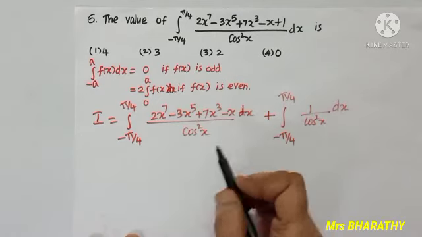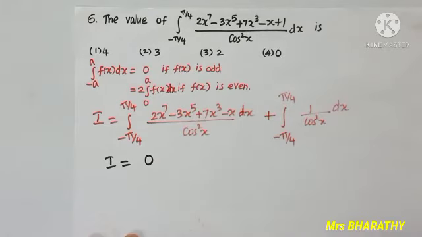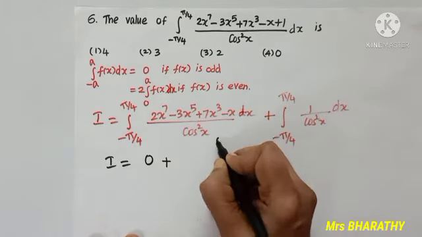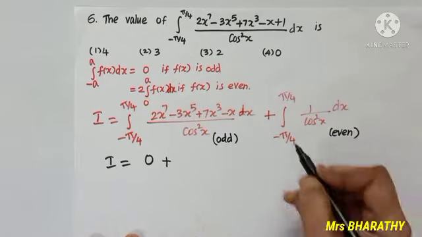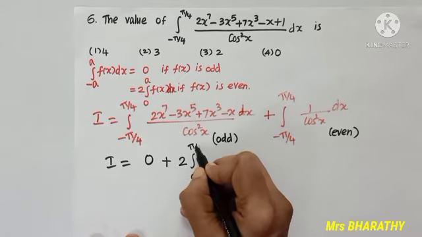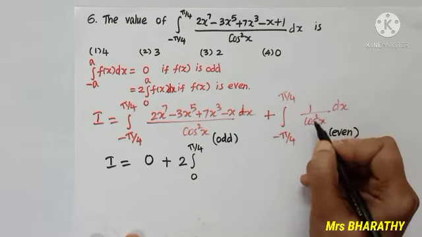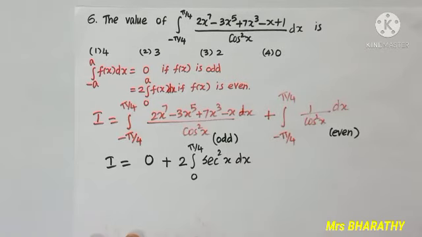Every term is odd, so the first term just reduces to 0. The second one is even, so this is odd and this is even. So this we can write 2 times integral 0 to pi by 4, 1 by cos square can be written as secant square x dx.